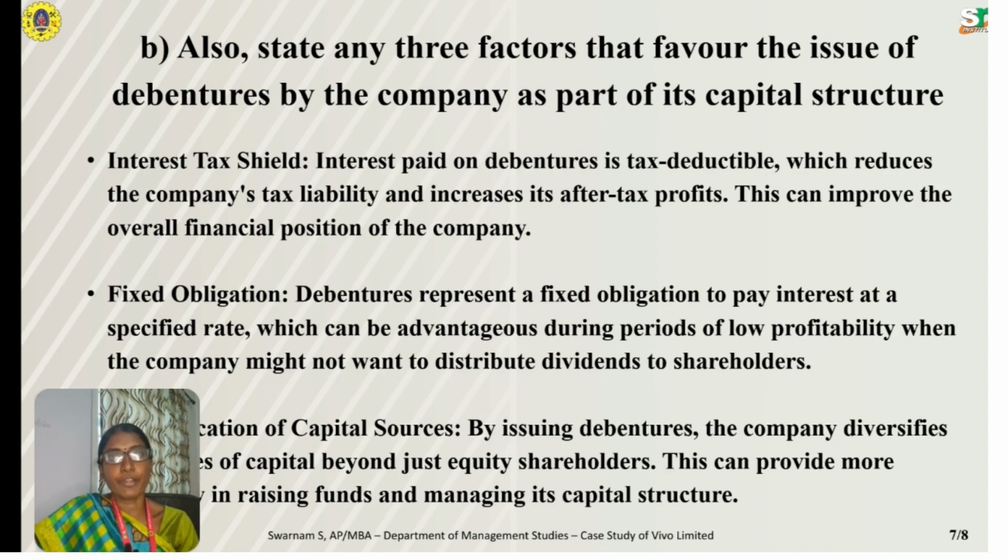And the second point of discussion is, we have to give 3 factors in favor of issuing the debentures. So, one is interest tax shield. That is, the main purpose for which the company issues the debenture is that they are exempted from tax. The company does not want to pay tax on the interest which has been given to the debenture holders.